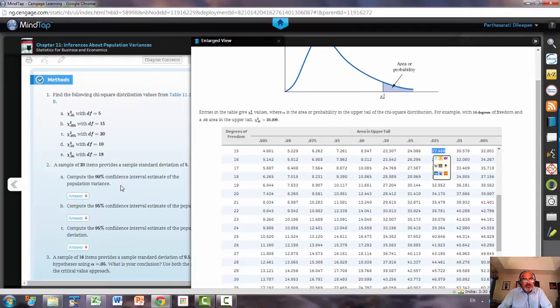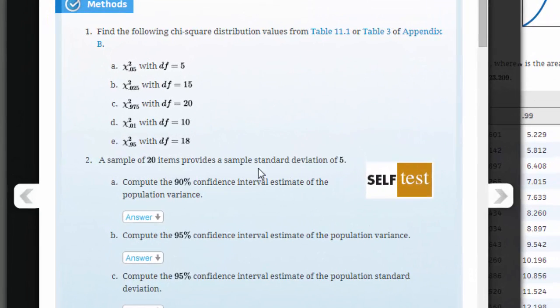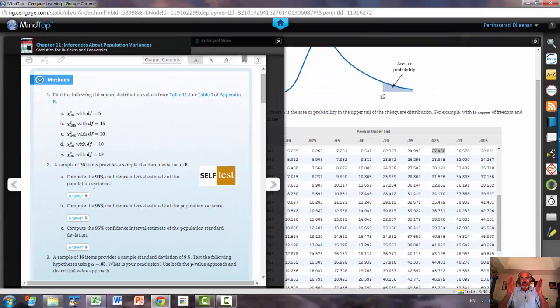Now let's look at a problem itself. Suppose you have a sample of 20, and that provides a sample standard deviation of 5, and we want to compute a 90% confidence interval for the population variance. So we need two chi-squared values.